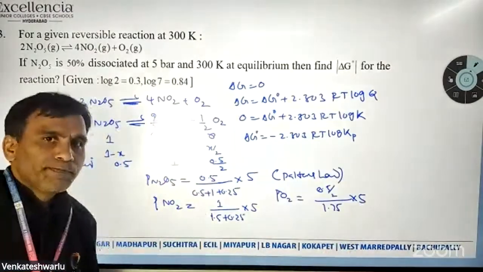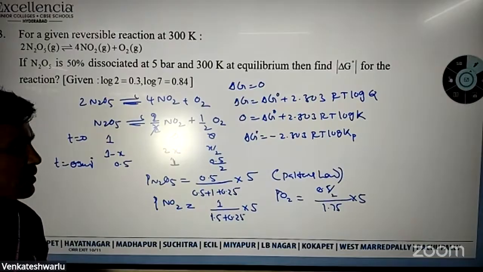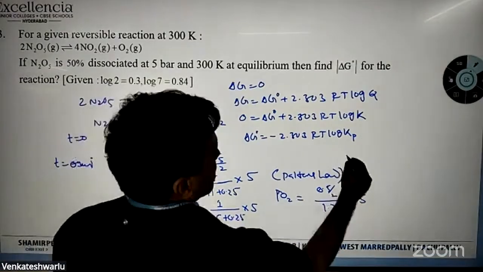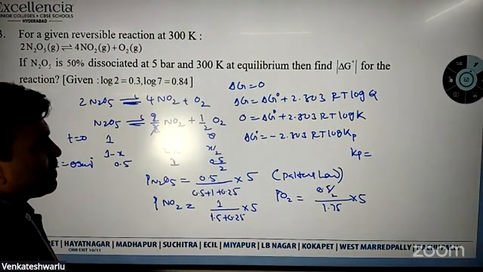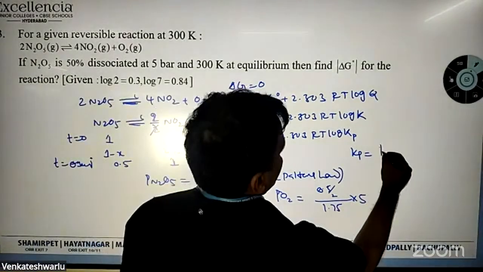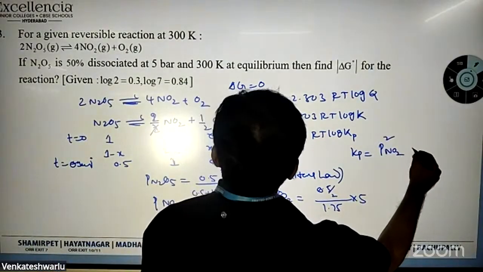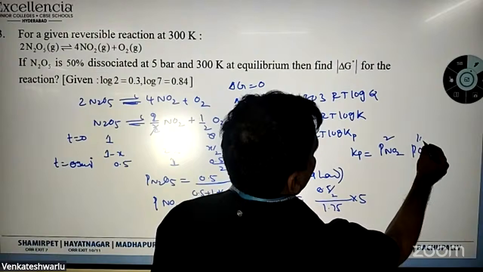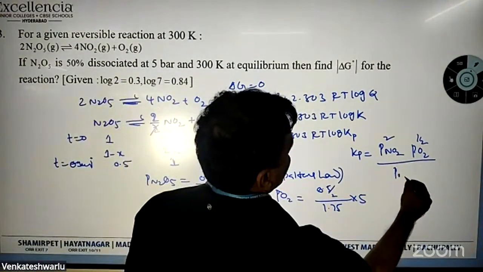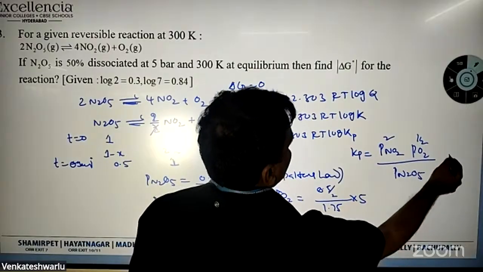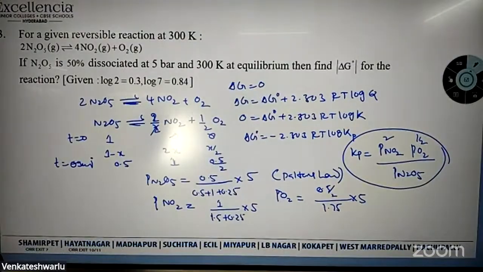So first we have to find the partial pressures and then Kp. Kp is equal to partial pressure of NO2 whole squared and partial pressure of O2 to the power 1 by 2, divided by partial pressure of N2O5. By simplifying, we'll get Kp.